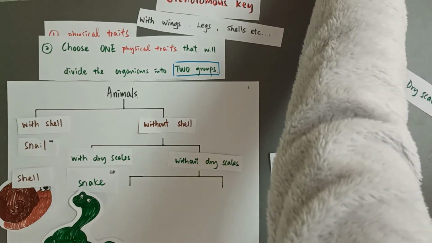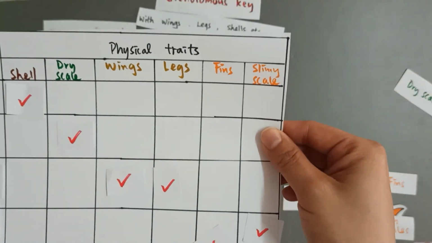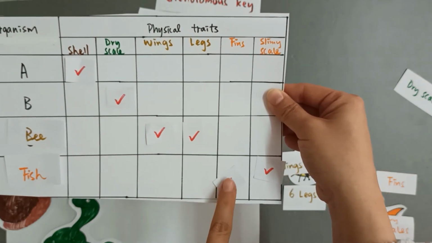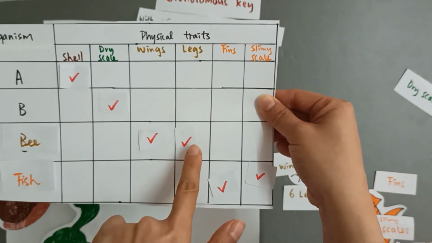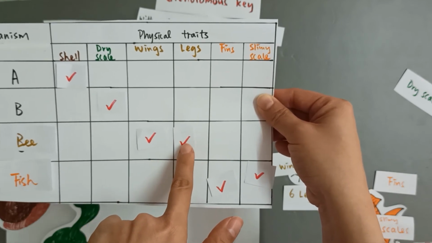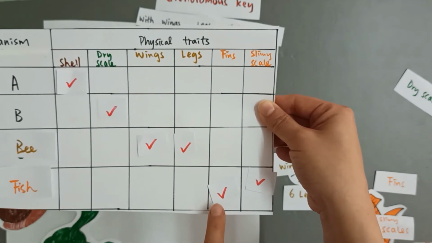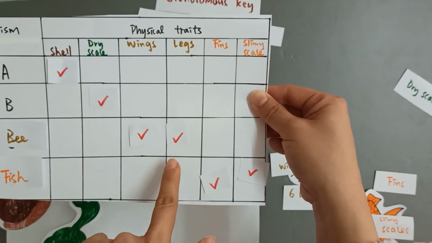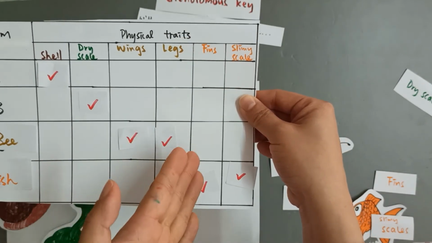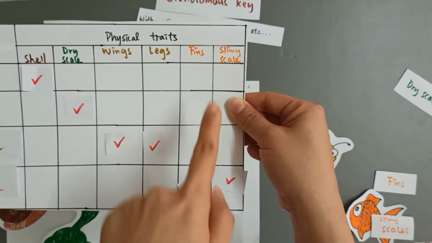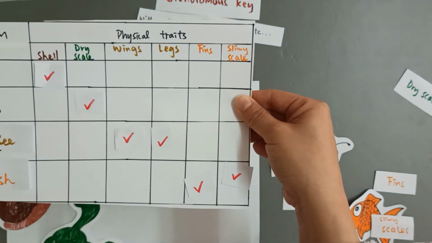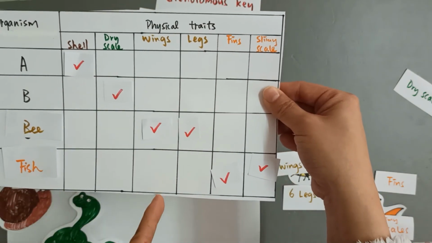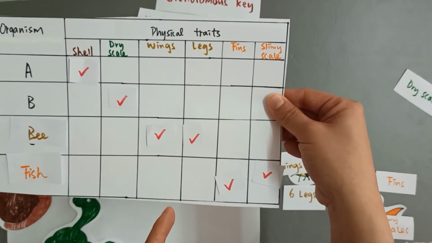Let's take a look here. As you can see on this table, you can select any trait that, for example, the bee has but the fish doesn't have. So I can select wings or legs, or I can select fins or slimy scale, because they don't share any common trait. Maybe I select wings as the third physical trait.